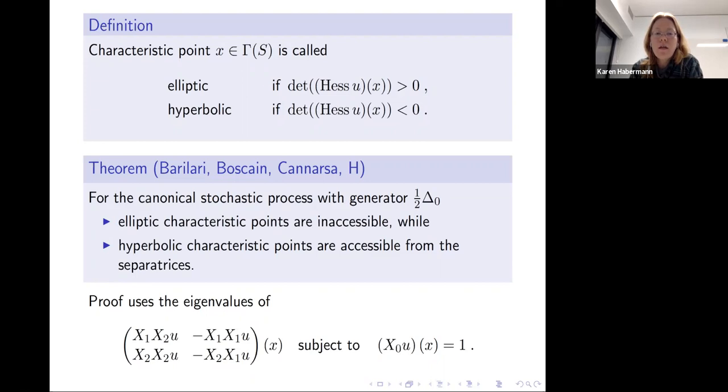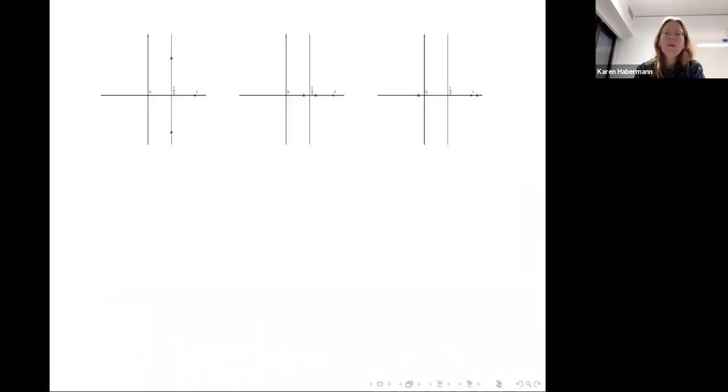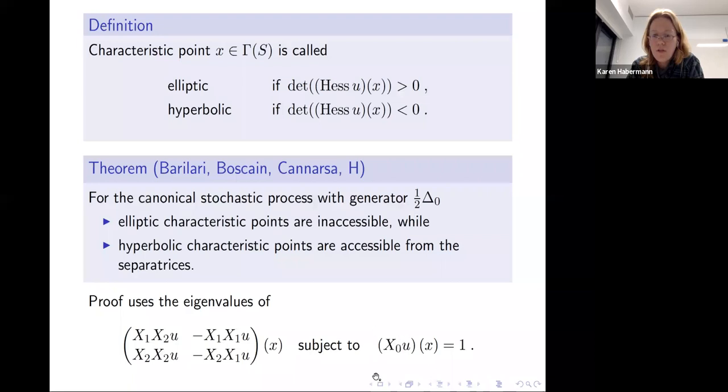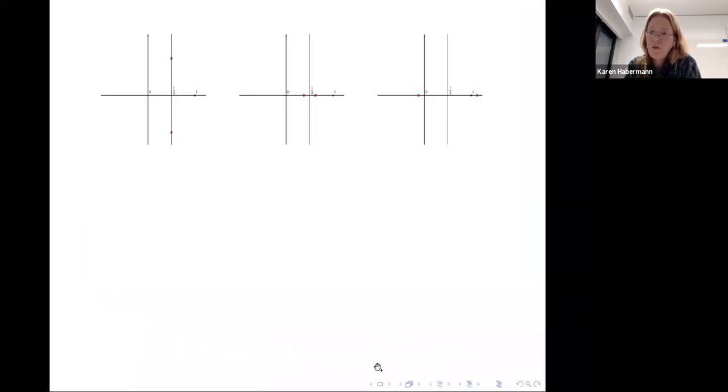And the eigenvalues are simply, we call them lambda1 and lambda2. And what now happens, because of the trace being equal to 1, subject to that choice, which can be achieved, there are exactly 3 situations which can happen for those eigenvalues.